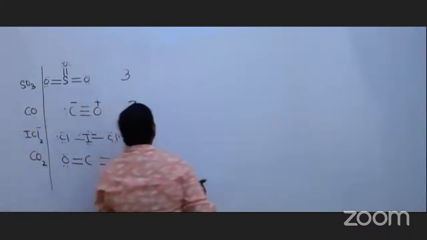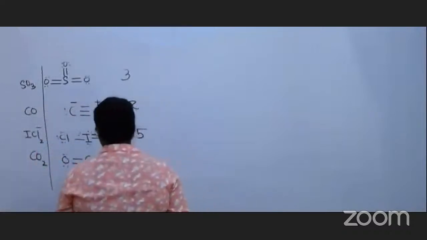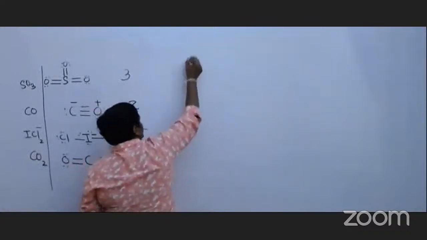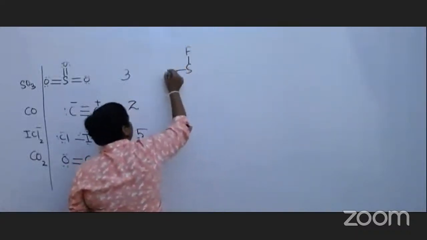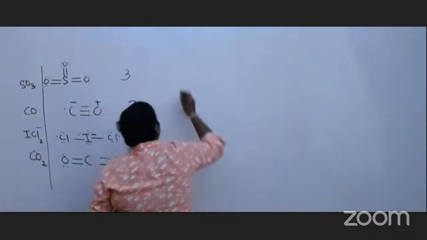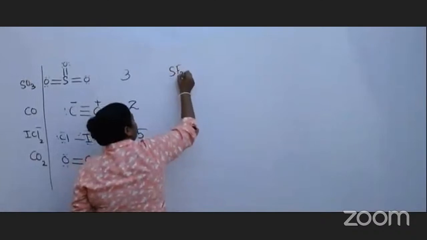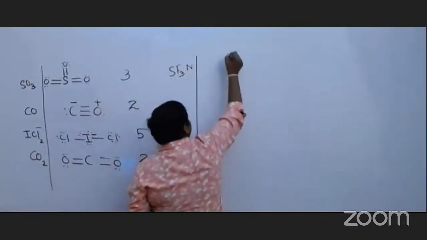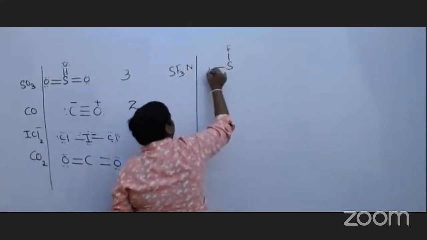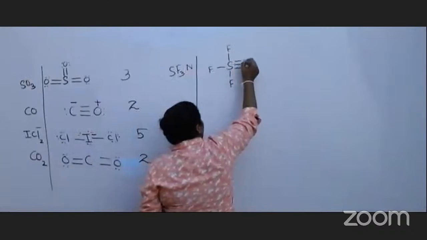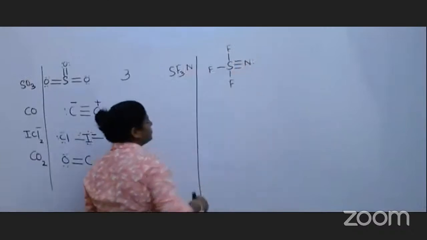If I take one more example, SF3N. The central atom is sulfur. There are 3 fluorine atoms around sulfur and a triple-bonded nitrogen atom.